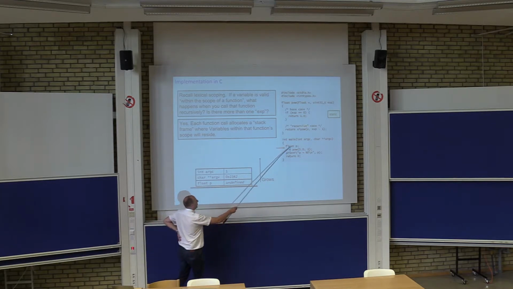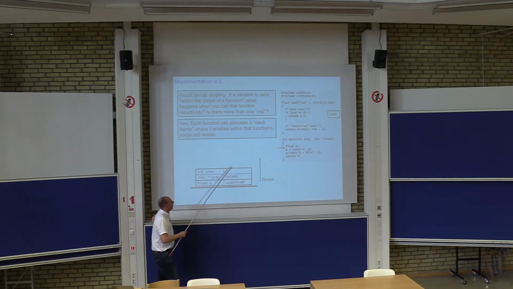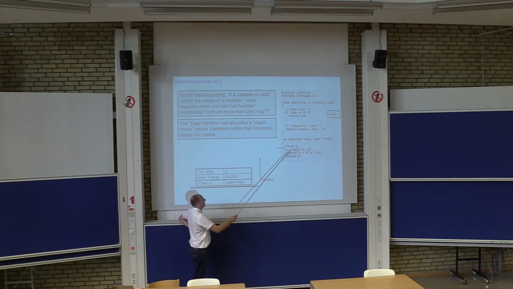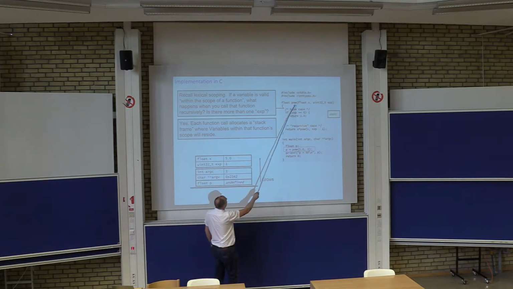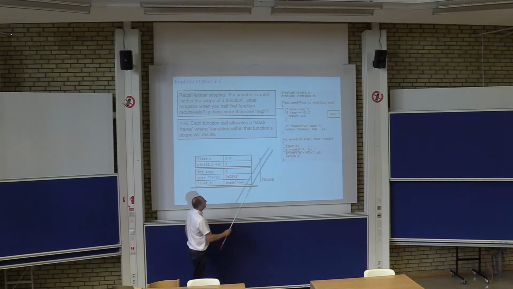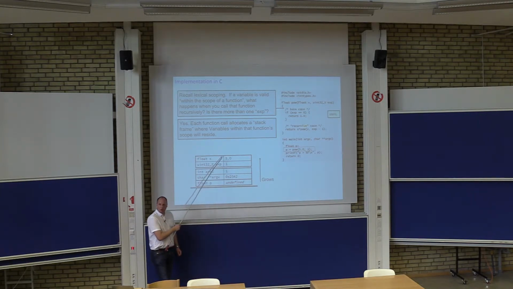And you have a local variable here, float p, that initially is undefined. And then this function will call another function, pow. It will have some arguments here, they will also be put on top of the stack here. So you will have 5 and 1.